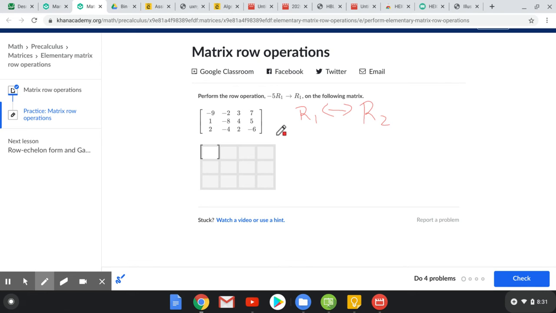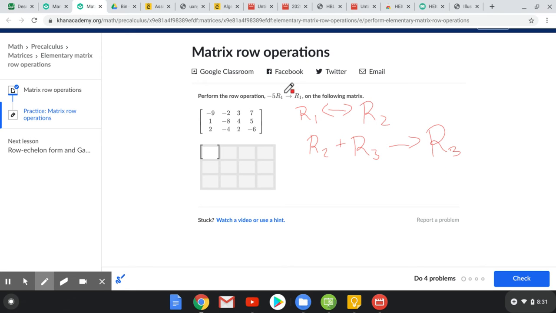When I do it, I need to specify which row I'm putting it in. So I could say row 2 plus row 3, and then say I want to put it in row 3. This would be the notation for that.